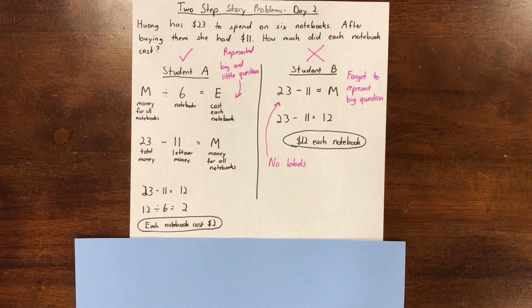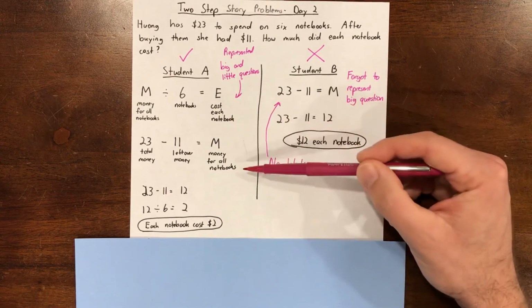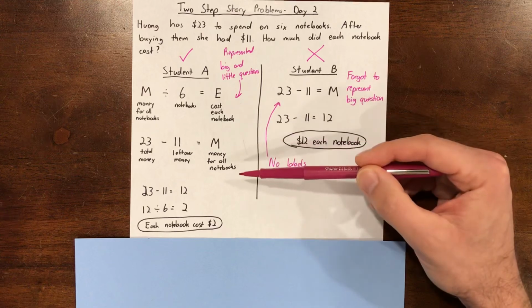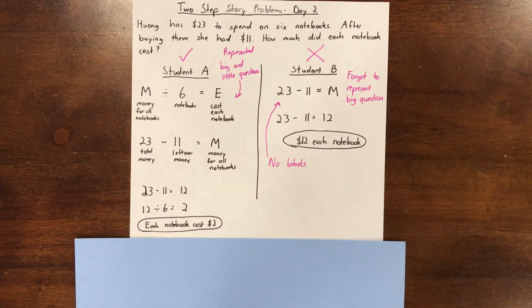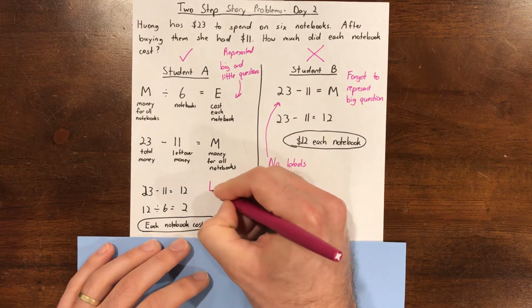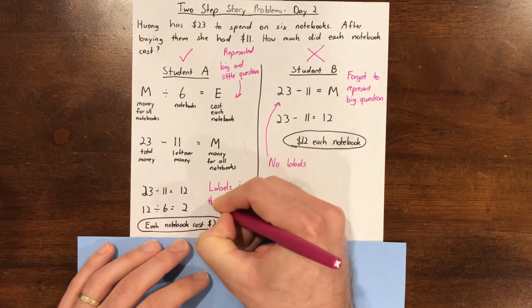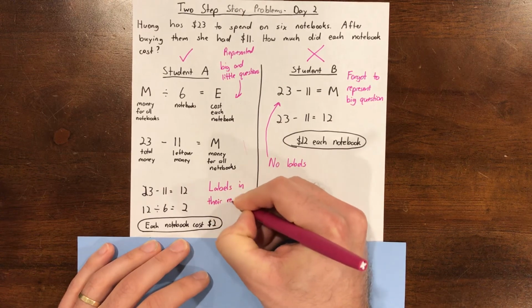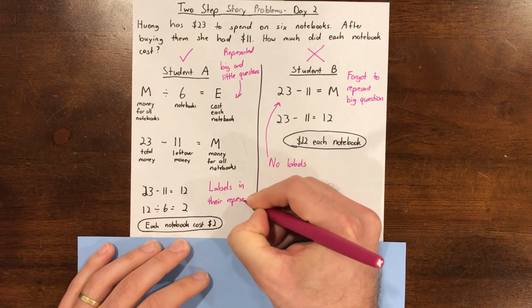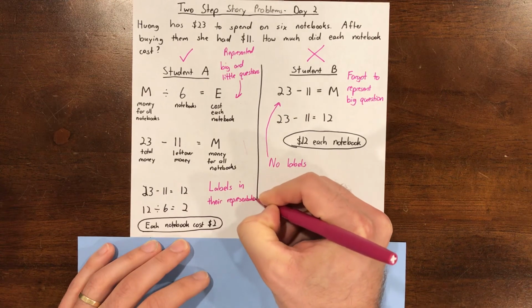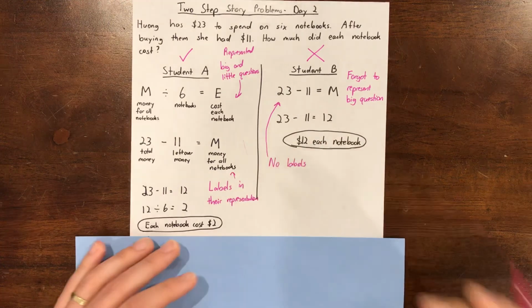Okay, as you're looking at this representation, what else do you notice about it that student A did that was strong? Say it out loud. Yes, right? They had labels in their representation. Definitely.